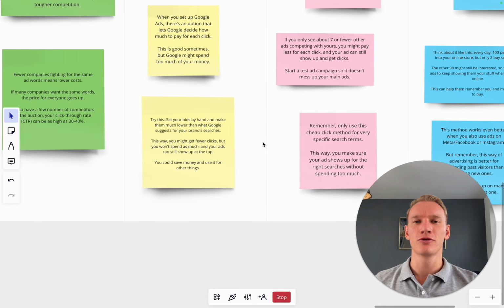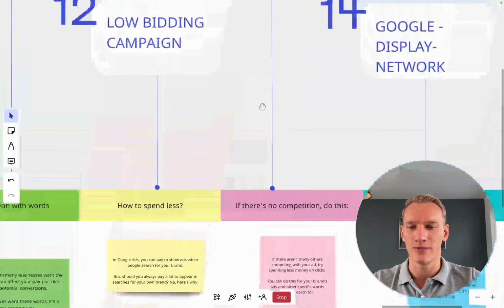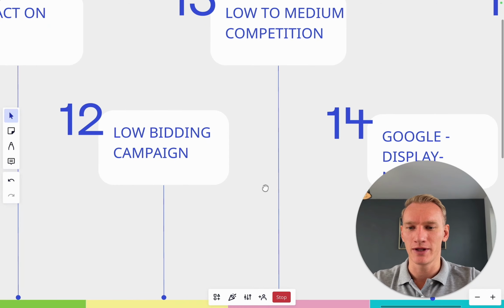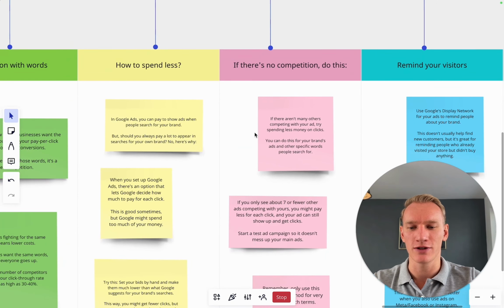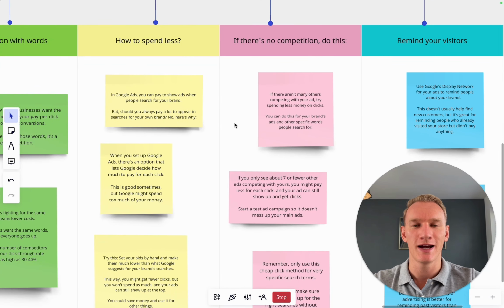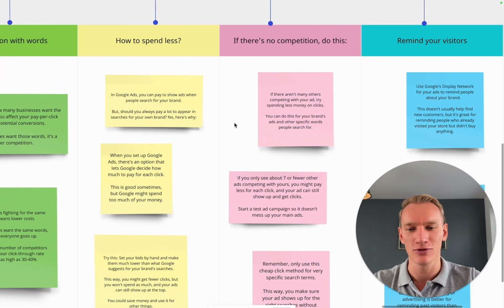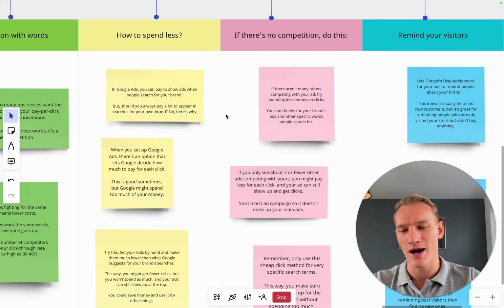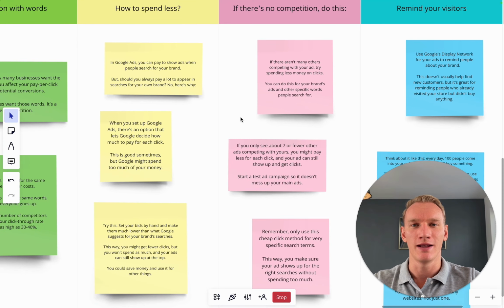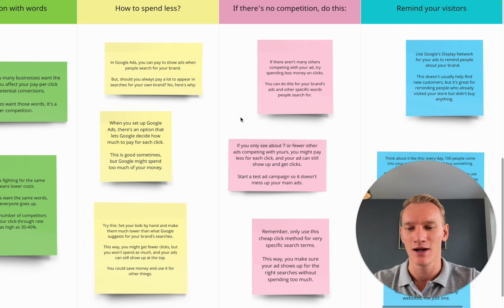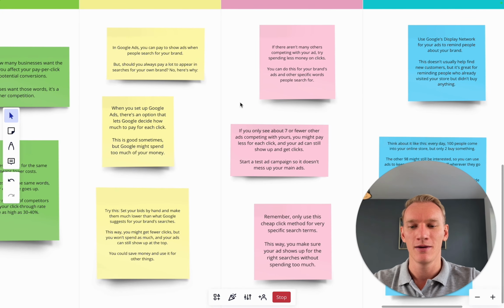And then we go to strategy number 13, what to do if the competition is low, for example. So here, low to medium competition. If there's little competition, you rather want to spend less for a click than the auction actually tells you to, because then you increase the ROI, as I said previously as well. This is especially true if you have fewer than 7 people in the competition bidding on the same keywords, right? Because in this way, with lower competition, you can still show up in the auction for a lower bid.